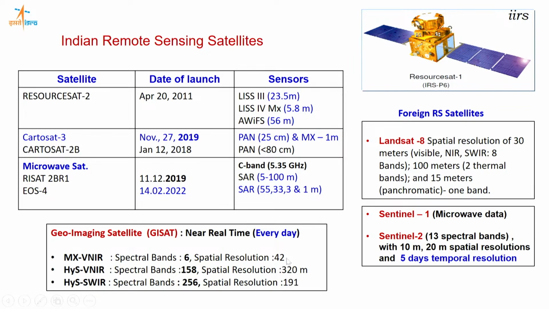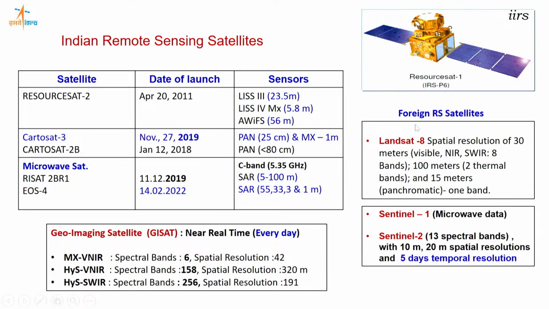Here the resolution is low. The reason is that this satellite is launched at about 20,000 kilometer height. It is a geostationary height, therefore the resolution will be less, but every day you will get the satellite data.